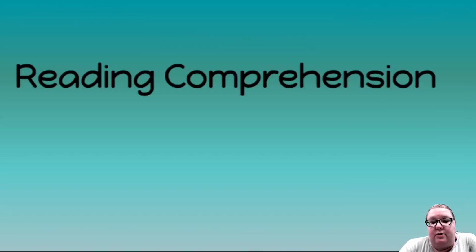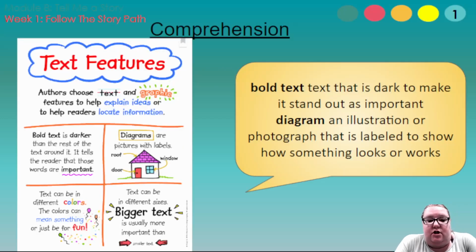Reading comprehension: we have a couple anchor charts that students will interact with that they'll need to be able to locate information and know what different things are. For example, the first one is text features. Students will need to know that text authors use text features to help them locate information.